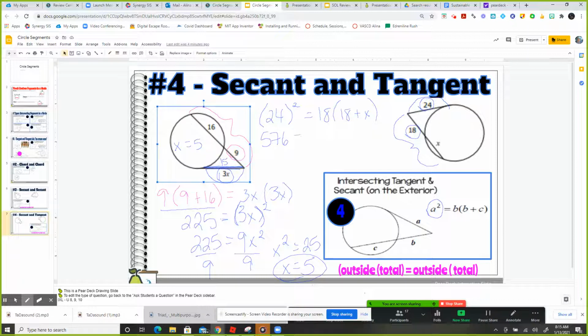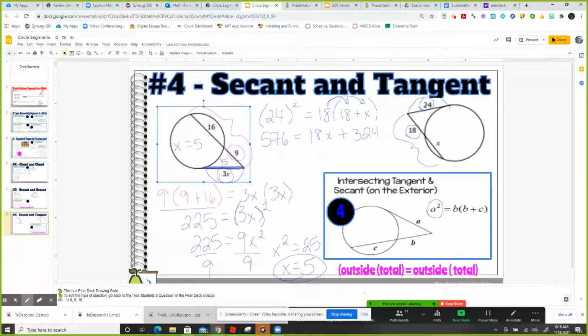Is 576 correct? Hopefully. And then you want to distribute on the other side. Like I said, I always put the x's first. It's just kind of math convention. You don't have to. And then 18 times 18, I need to go to my calculator again. 324.